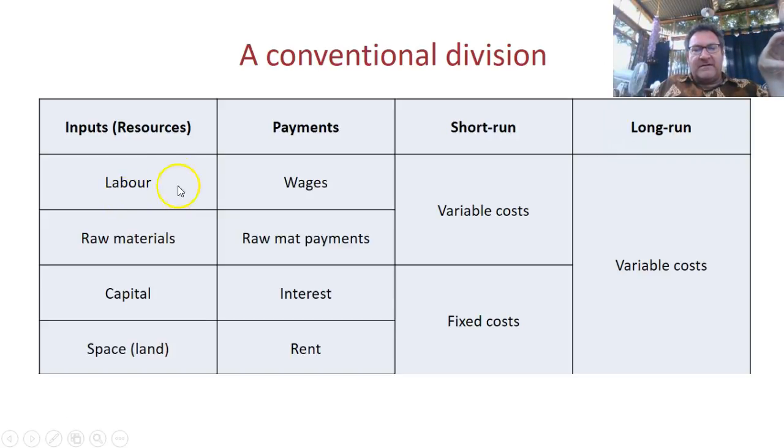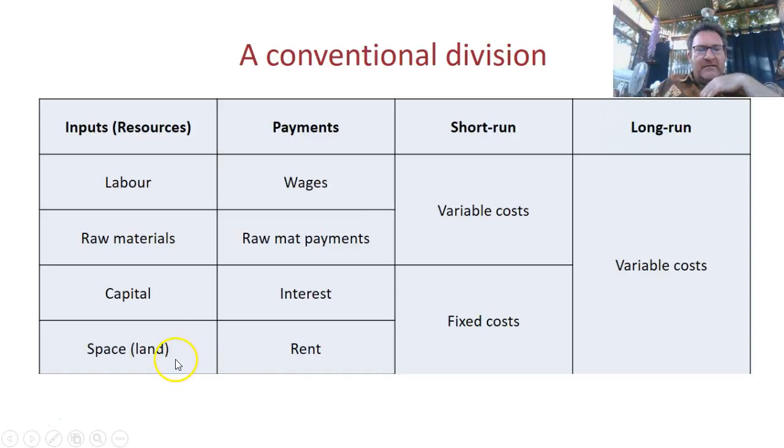Right? So there's the labour of the workers that are hired, and that's explicit costs of wages. And then there's the labour of the entrepreneur, and that would be implicit wages. That's an implicit cost, which is incorporated in wages here. Okay?